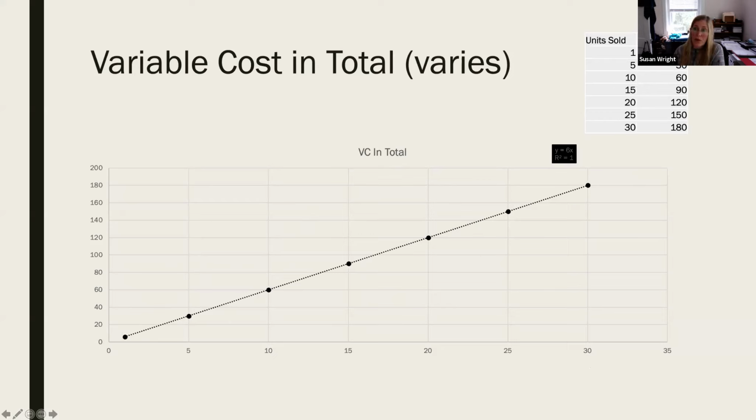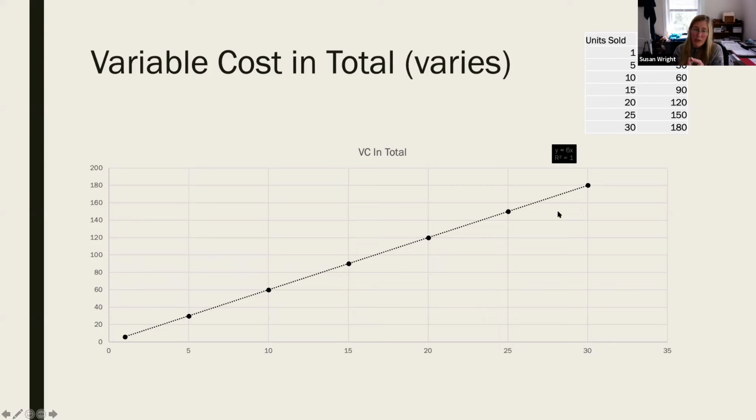So if you sell one unit, you incur $6 of cost. That's that one right there. If you sell 5 units, you incur $30 in total cost. So 5 is associated with $30 in cost. 10 units is associated with $60 in cost. 15 is associated with $90 in cost, and so on. So the slope on that line is 6. That's constant.